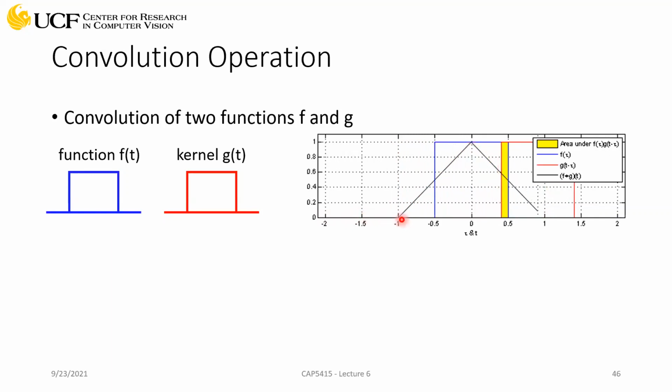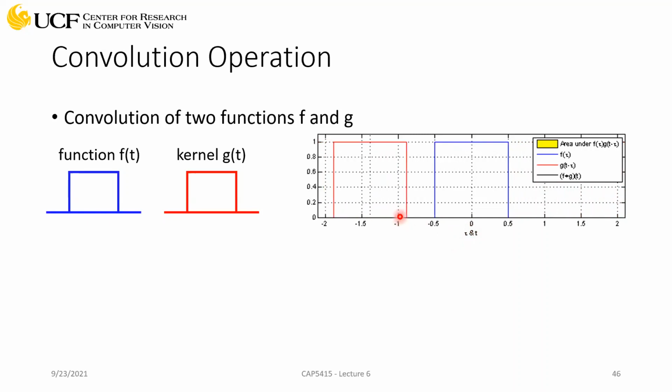As soon as you reach -1, the kernel starts overlapping after this point. This yellow region is the overlap, and as you move towards the right, the overlap gets higher and higher. The yellow region is growing, and that's the response, the black one.